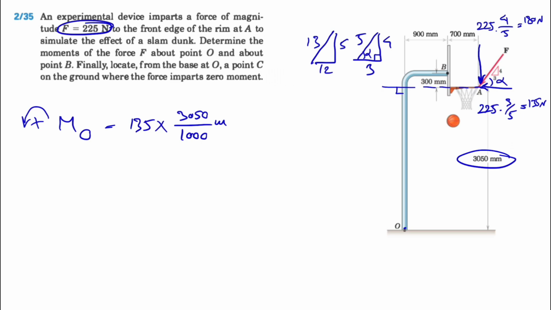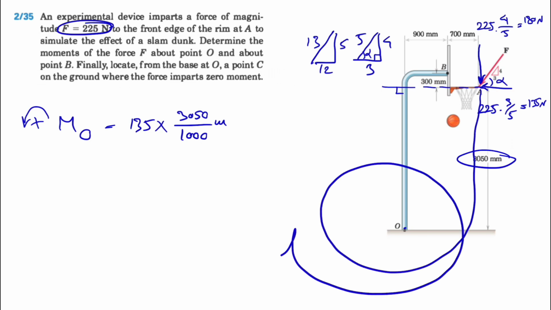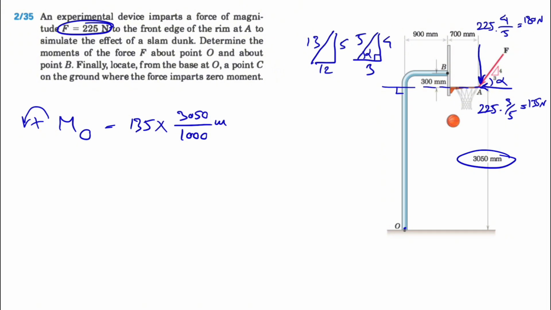That's the moment of the X component. For the Y component, the moment is in this direction, so it's clockwise and we have a negative sign: negative 180 times the distance to the line of action, which is 900 plus 700, or 1600 divided by 1000.